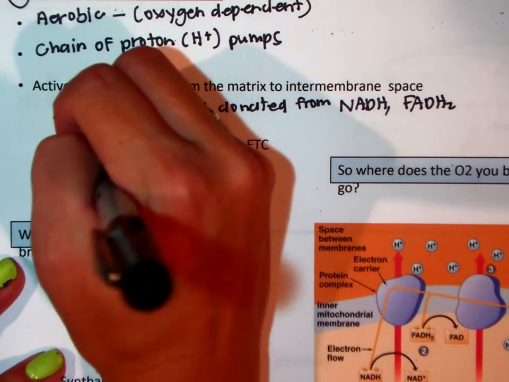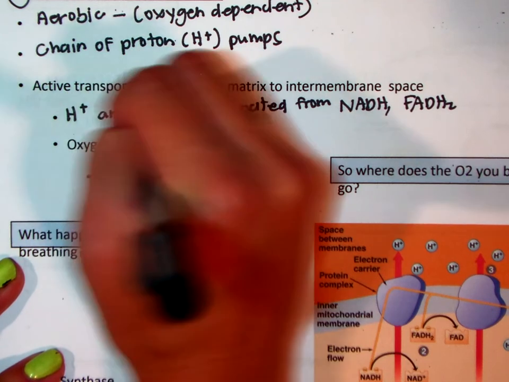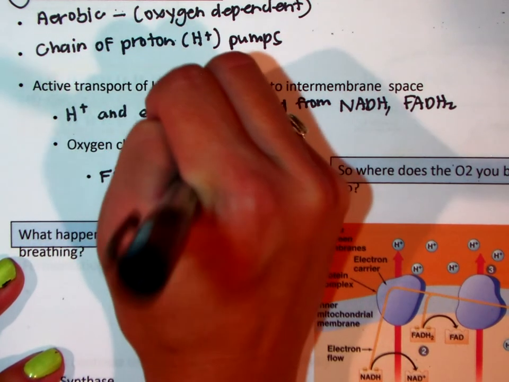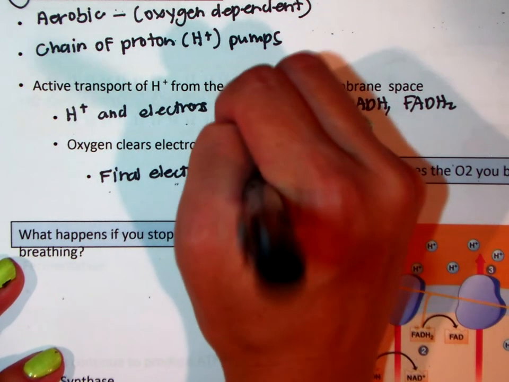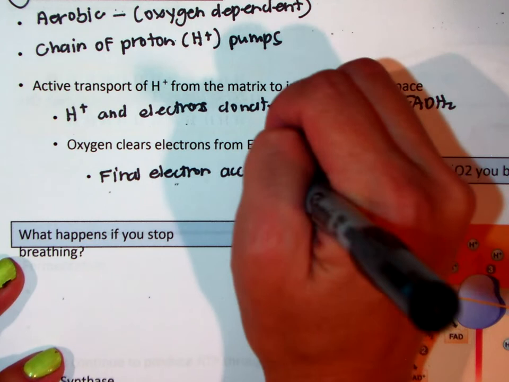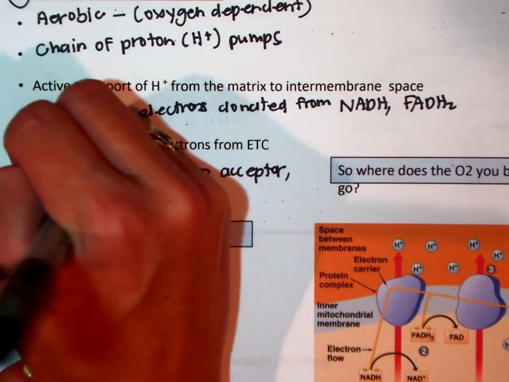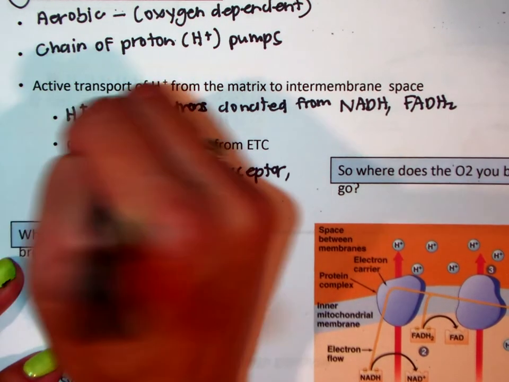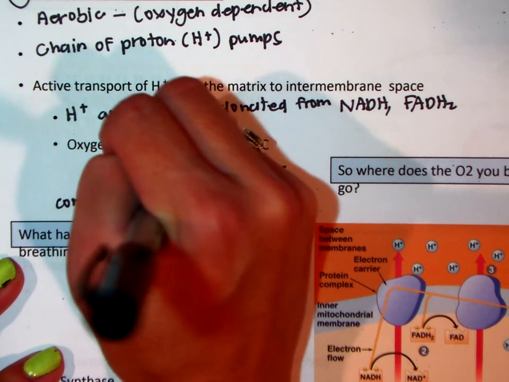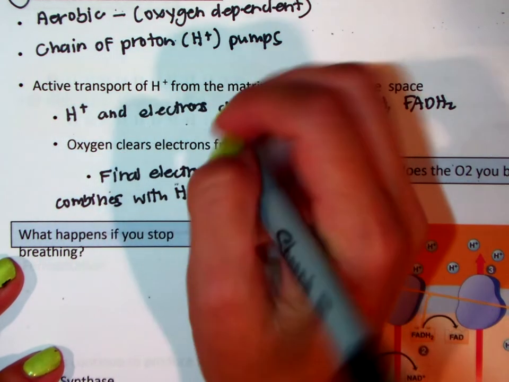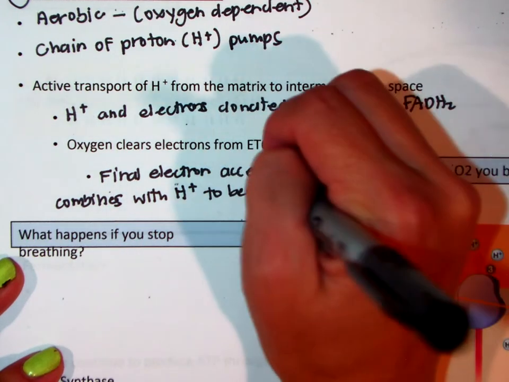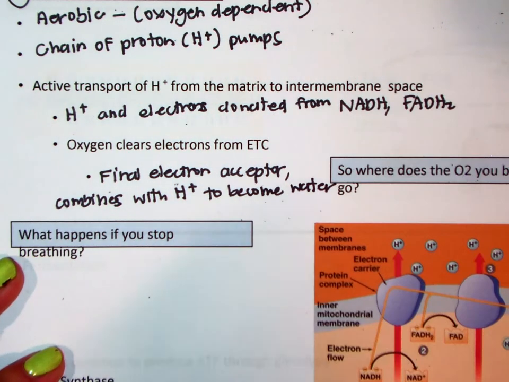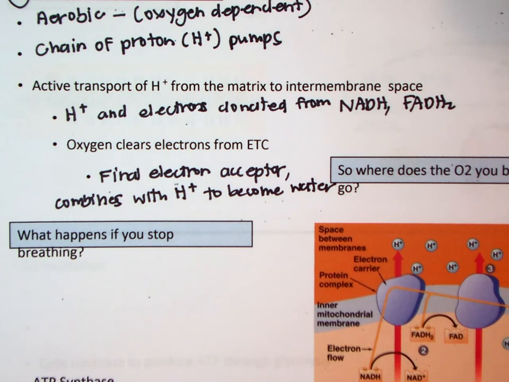So the final electron acceptor combines with hydrogen ion to become water. Alright, so that's where the water from the reaction comes from.